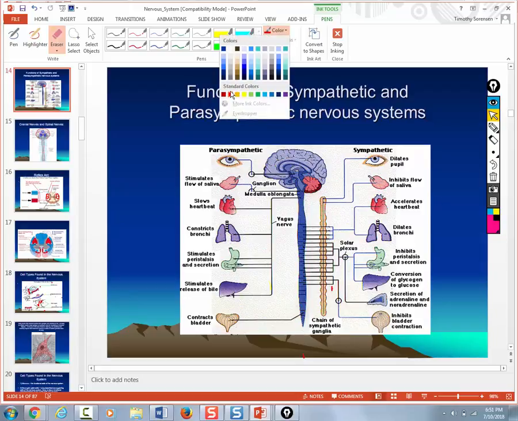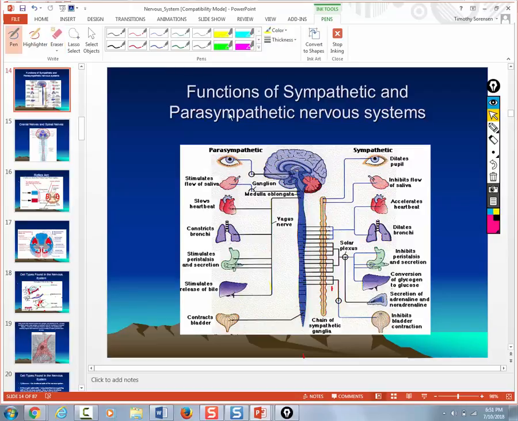All right, here we go. Better write this down. Watch. The sympathetic nervous system comes off the middle of the spinal cord. And you better write this down. When the sympathetic nervous system is stimulated, you have what's called the sympathetic ganglion.